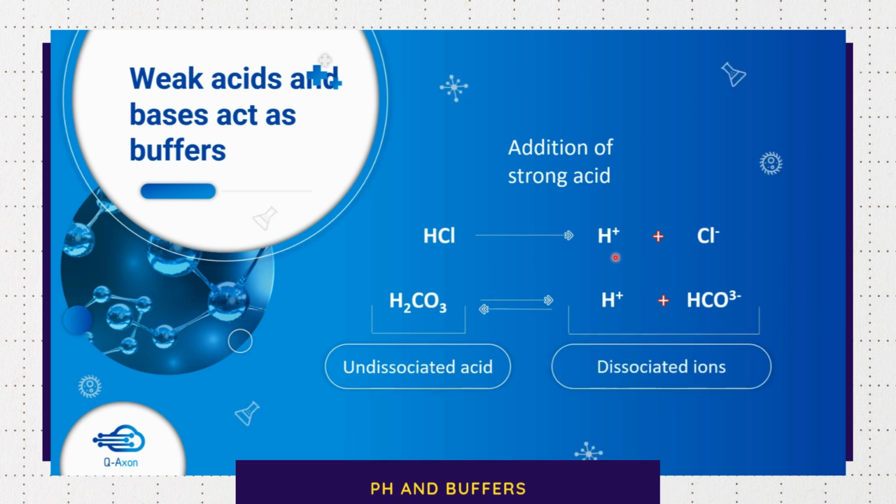With the addition of the acid, the hydrogen ions of the acid will combine with the bicarbonate ions of the buffer, and the reaction can proceed in the reverse direction, forming the undissociated acid. So this will prevent the change in pH caused by the addition of the acid.